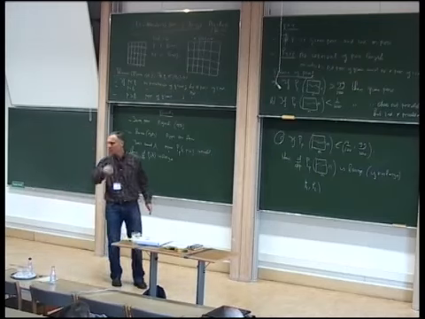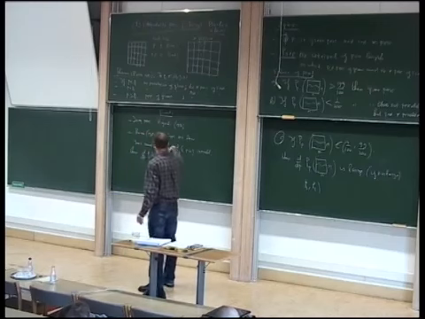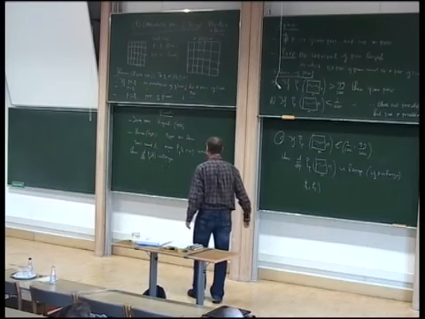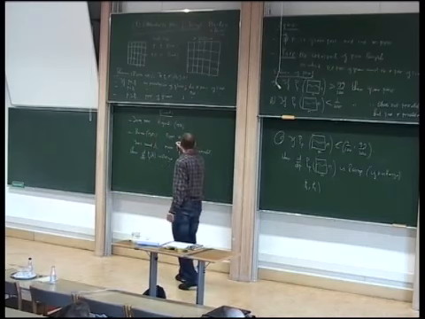This is in a product space? This is on product spaces. Why is it called an approximate 0-1 law?